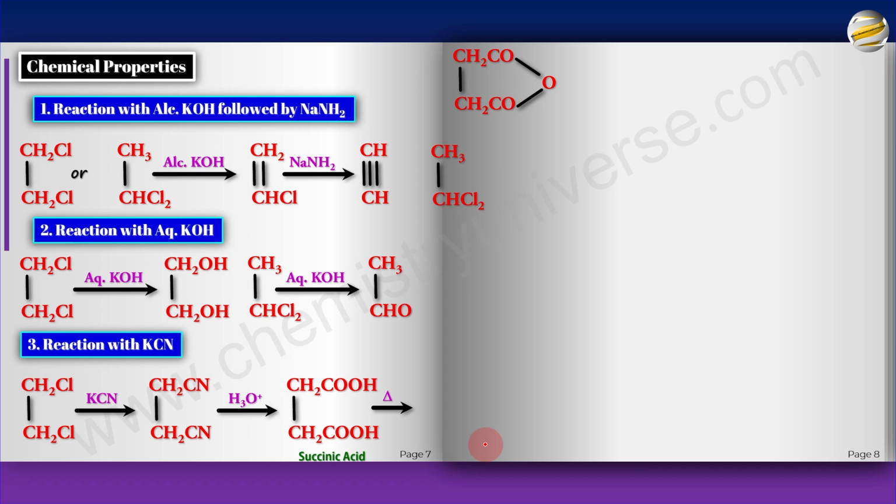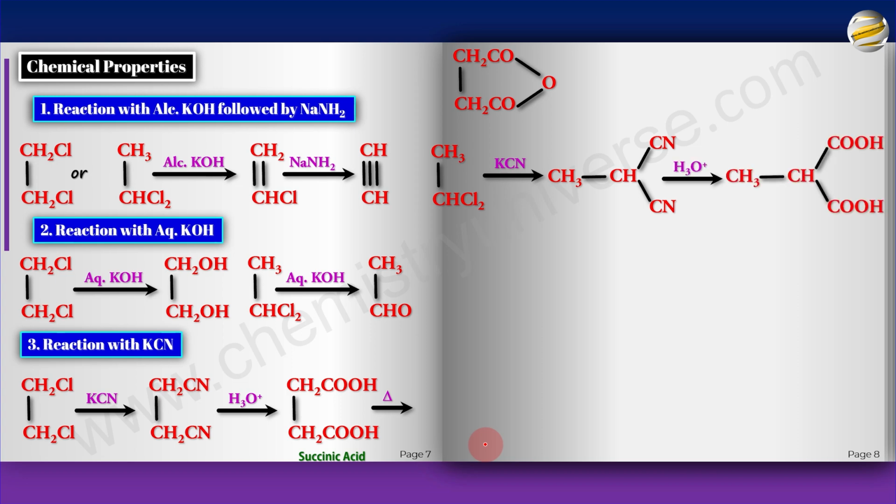Suppose you have a geminal one. So the geminal one will have two CNs attached to the same carbon. You do the hydrolysis of cyanides, you always get acids, remember? And here, instead of getting an anhydride, you will get decarboxylation. One COOH will go and form CO2, and you will get this.